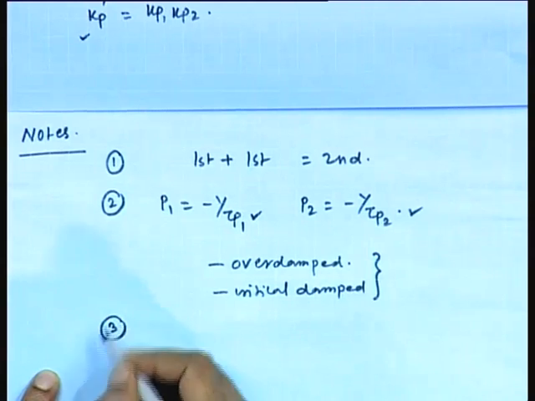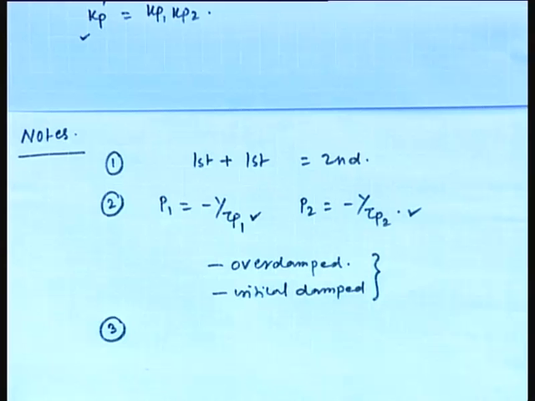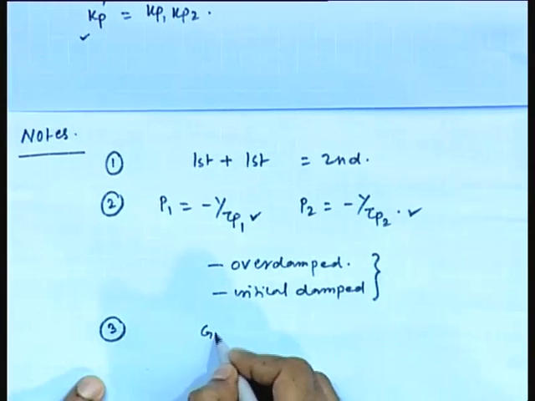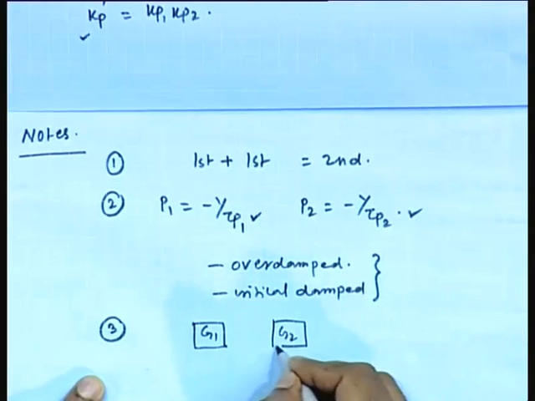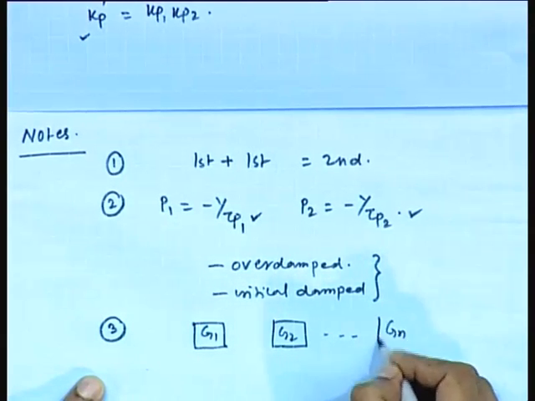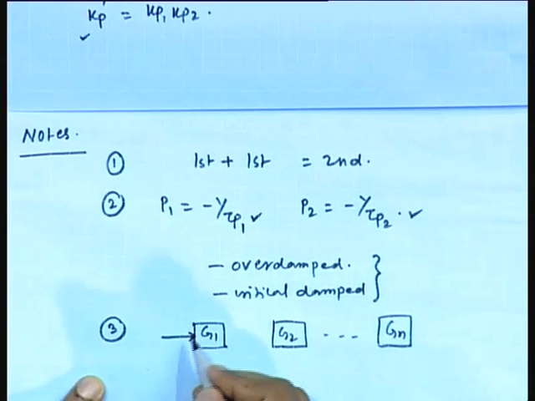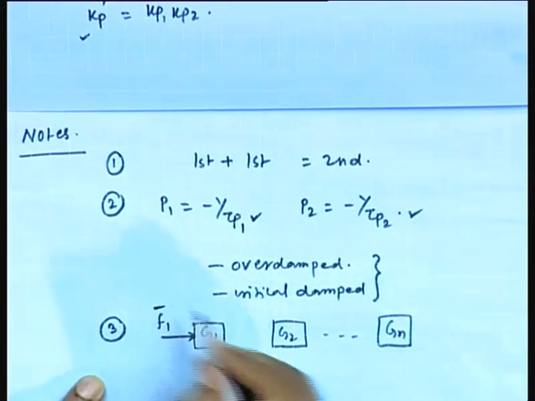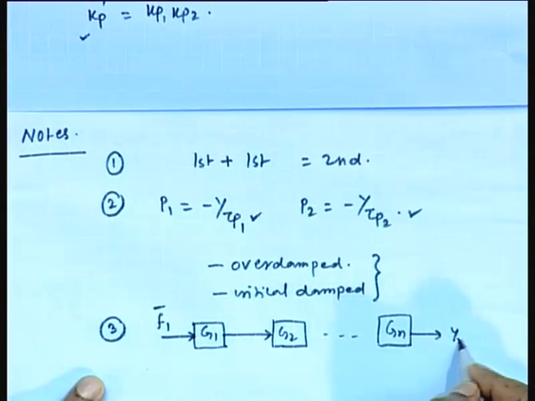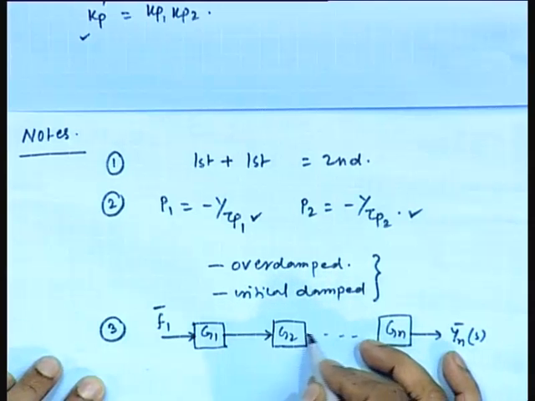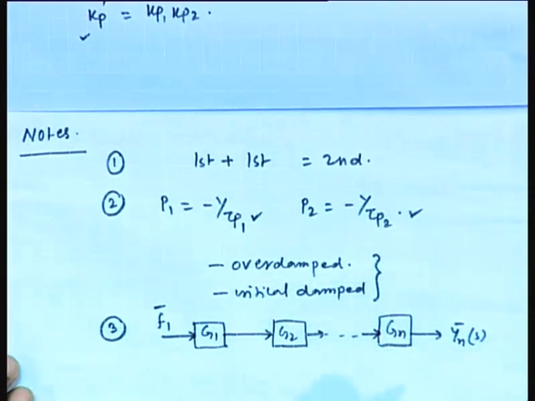Third one is, we have connected two first order systems in series. If we connect n number of first order systems, what will be the overall transfer function? Suppose this is G1, this is G2, like this way we are connecting n number of systems. This is F1 and finally, we are getting Yn(s). Fine.